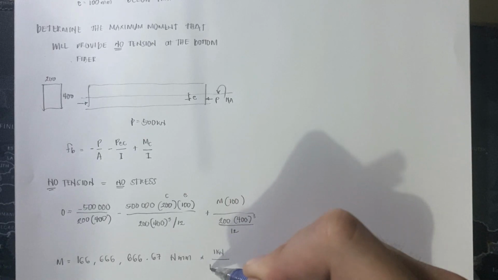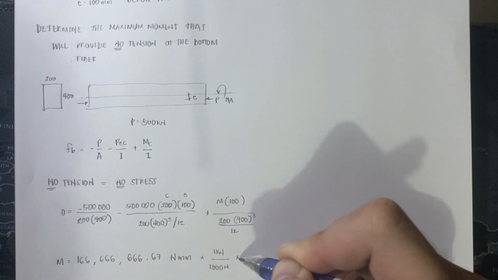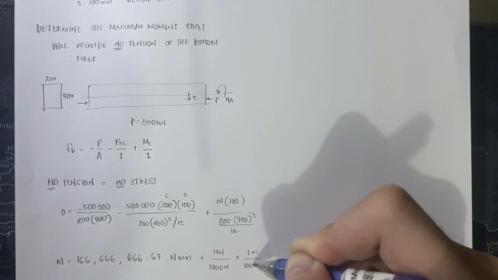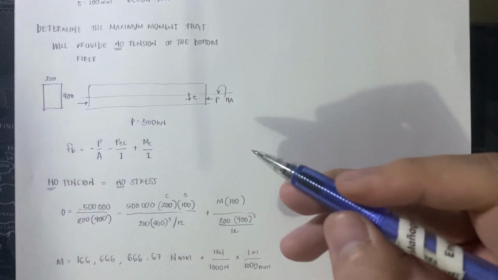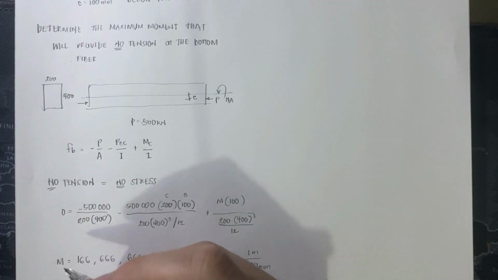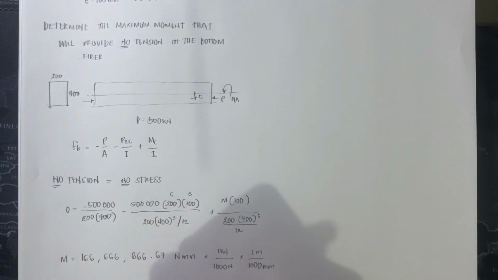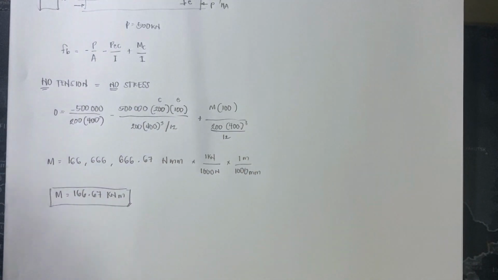So 1 kilonewton is equal to 1,000 Newton, 1 meter is equal to 1,000 millimeters. So you divided it by 1,000 twice. So lumilitaw that your moment, the applied moment must be equal to 166.67 kilonewton meter.